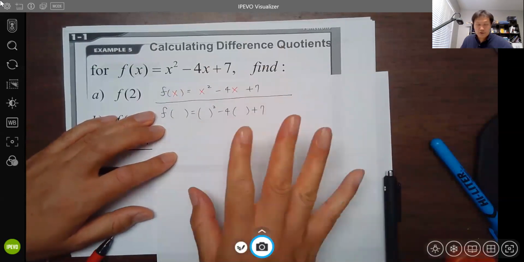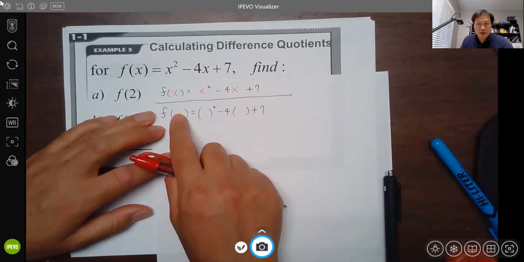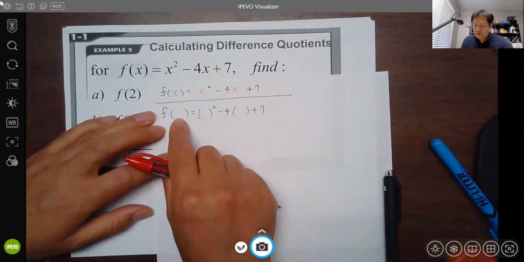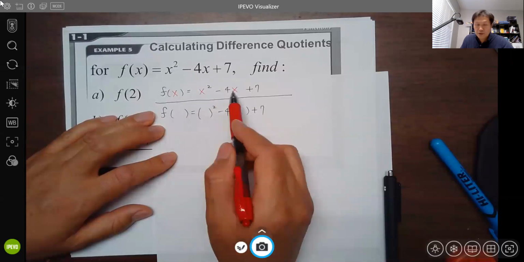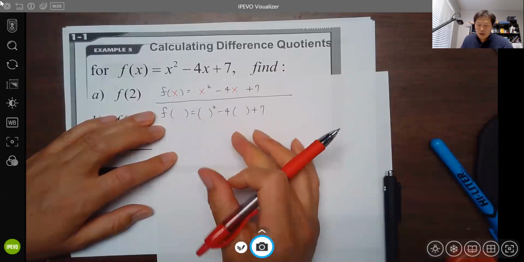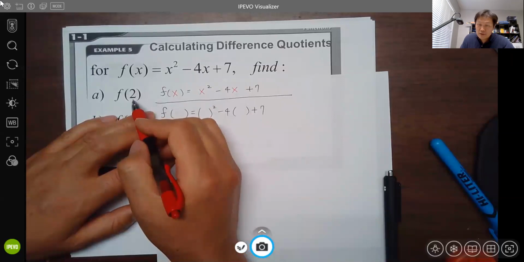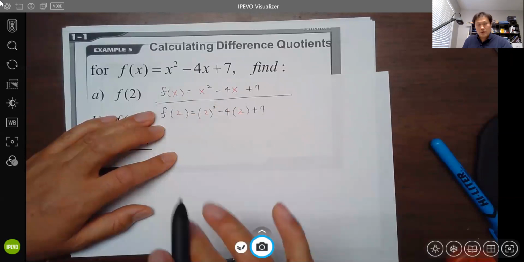Again, I want you to just follow this format. Do you realize I did not fill in the parentheses? I just left a parenthesis squared, minus 4 parentheses. Wherever x appears, just replace it with a parenthesis first. Structure it this way first. What's inside the parentheses? 2, 2, 2. So you set up perfectly.